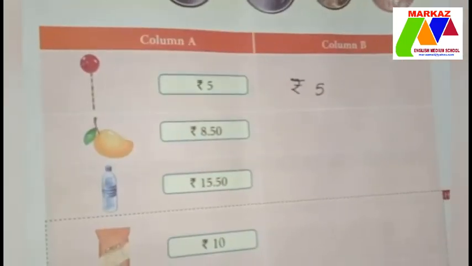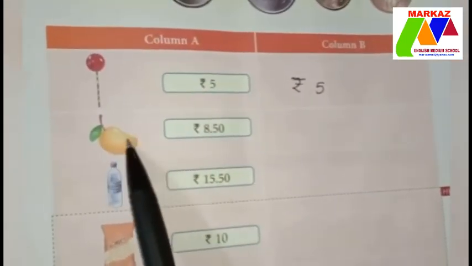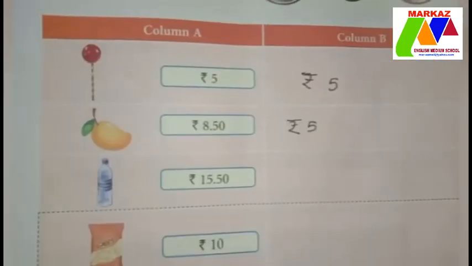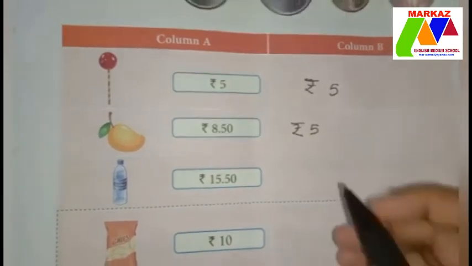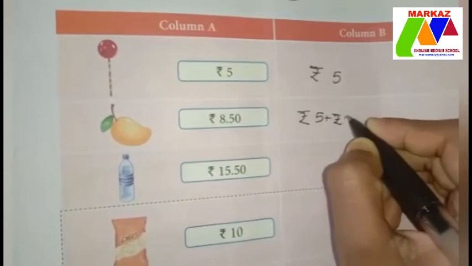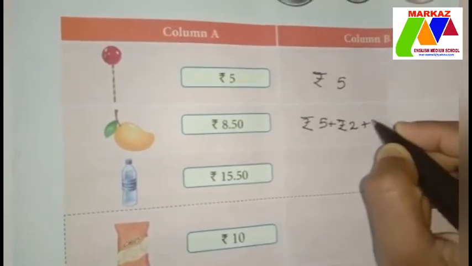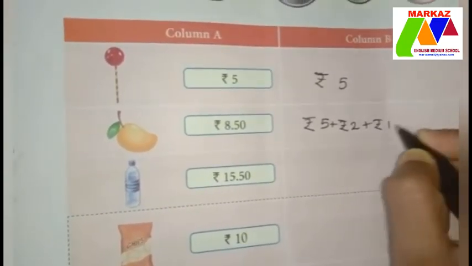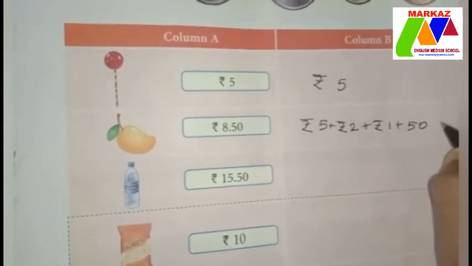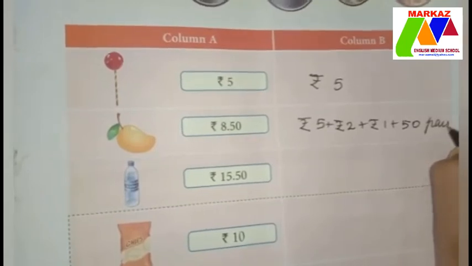To buy this mango of rupees 8 and 50 paise, we will use 1 5 rupee coin, 1 2 rupee coin, 1 1 rupee coin and 1 50 paise coin.